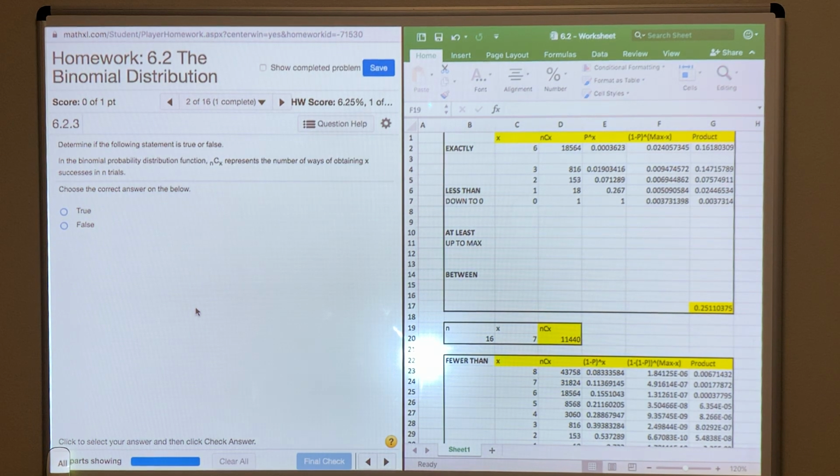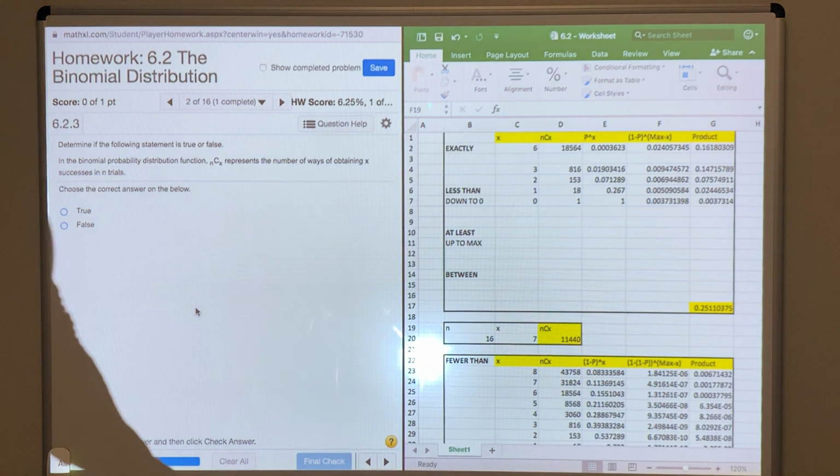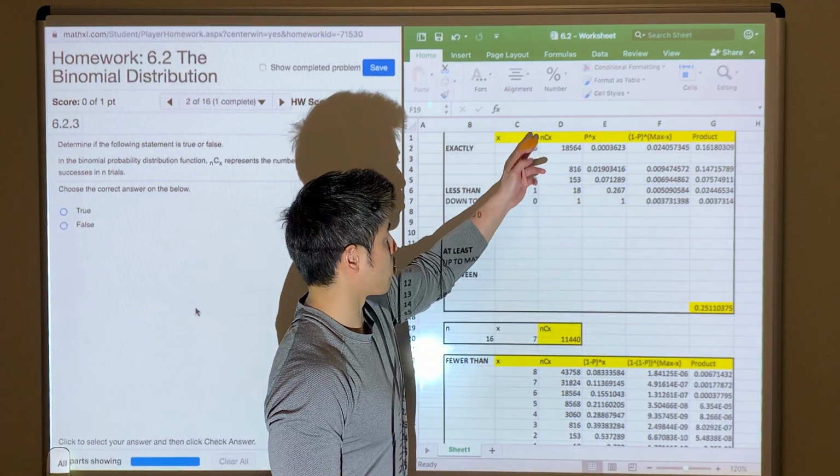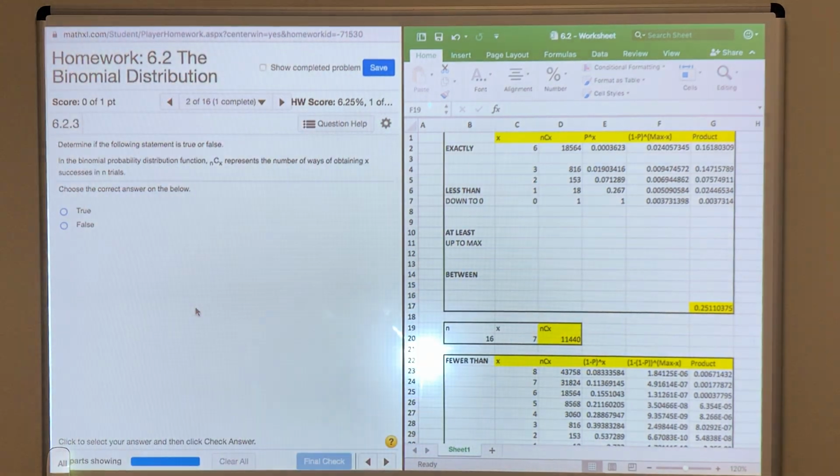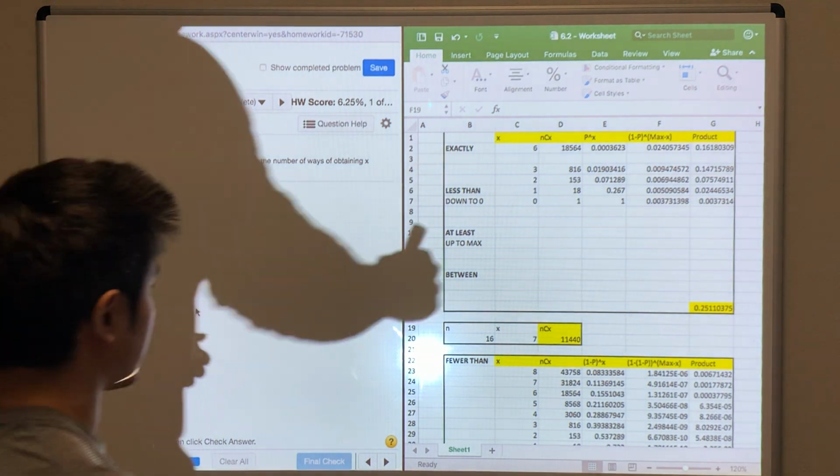In the binomial probability distribution function nCx. Now this is before we have seen maybe an nCr where we're doing combinations. This is very similar. It is the combinations formula where r is changed to an x, and we'll see that used quite a bit. You can already kind of see it over here that we're going to reference that. It is calculated in the same way that we did before, n factorial over n minus r factorial times r factorial.